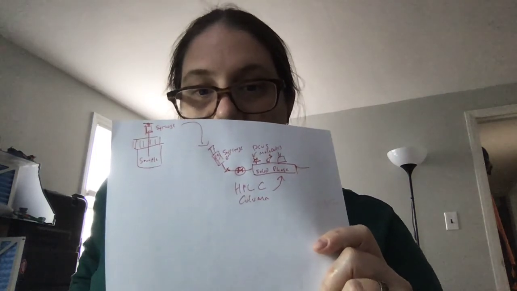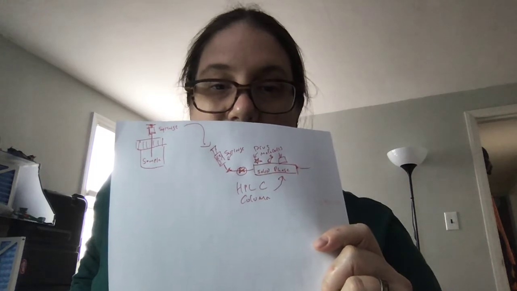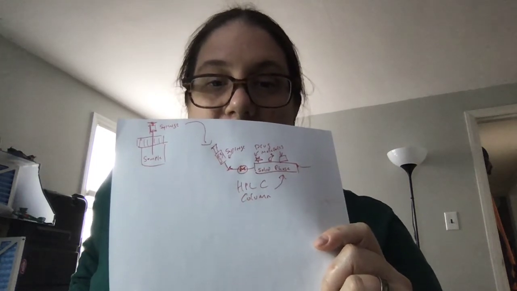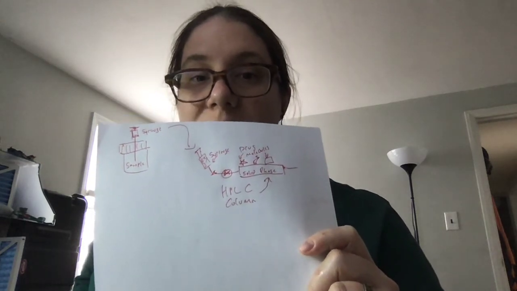Hopefully it does. Let's say that in that syringe we had a mixture of chemicals that here I'm drawing like stars and moons and squares, but they're all going to interact with that solid phase differently.